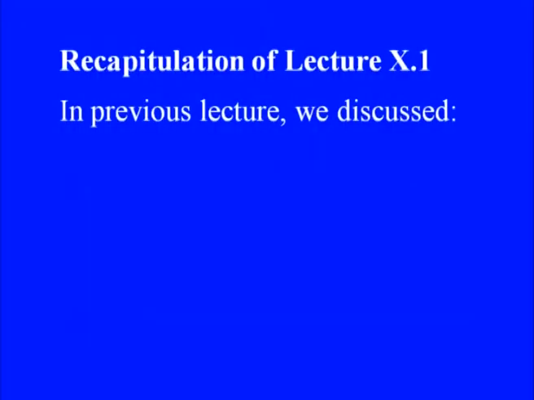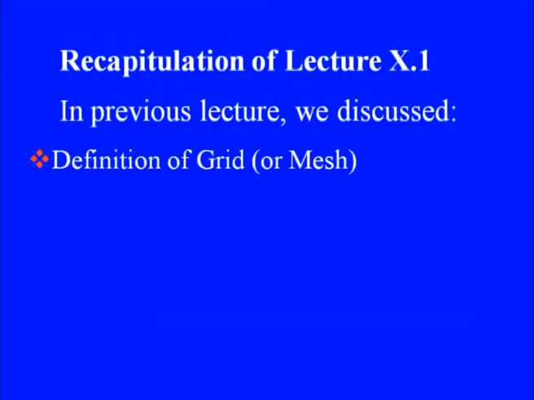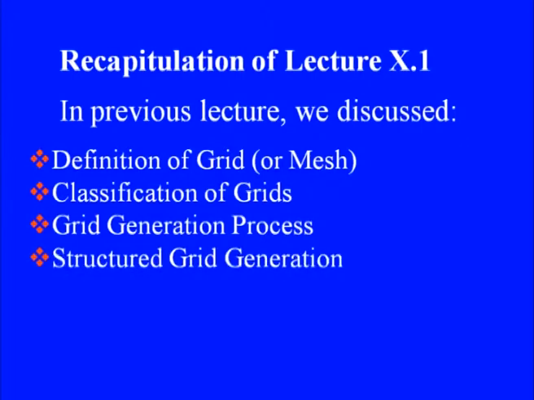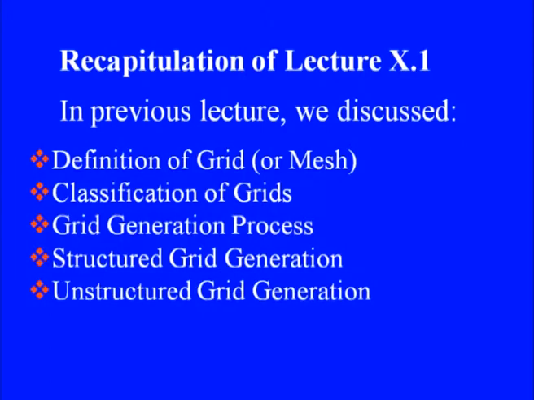Let us have a recapitulation of what we did in the previous lecture. We discussed formally the definition of grid, classification of grids, and we had a look at the fundamental steps involved in the grid generation process, and then we discussed briefly two primary grids and their generation, that is, structured grid generation processes and the methods for unstructured grid generation.